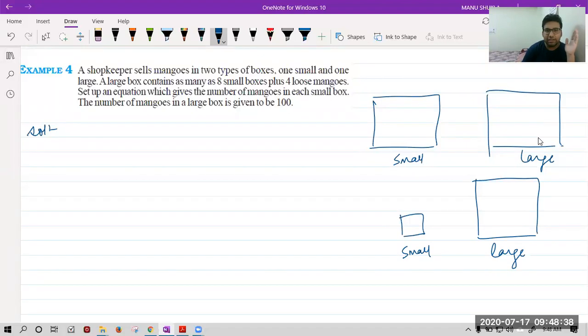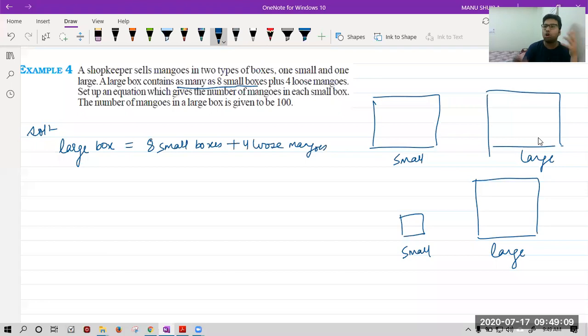They are saying in the statement that the large box is the same as, please read again, a shopkeeper sells mangoes in two kinds of boxes, one small and one large. A large box contains as many as 8 small boxes, plus 4 loose mangoes.